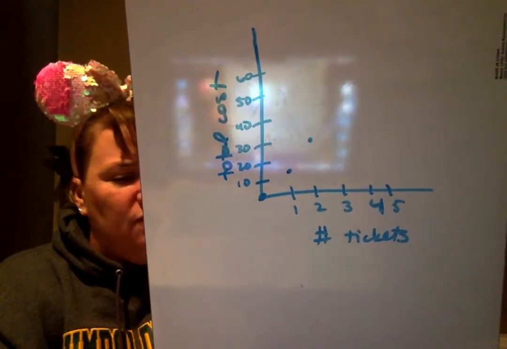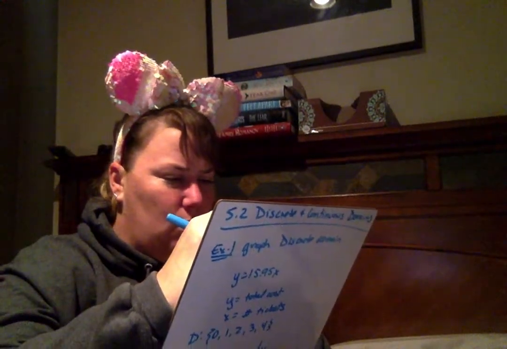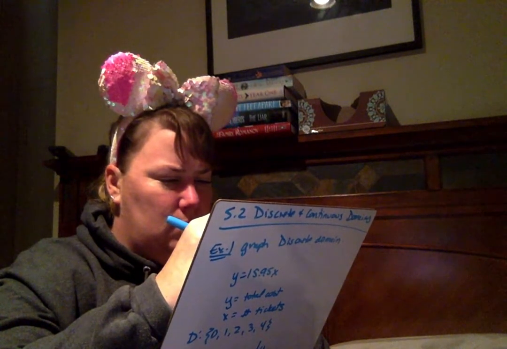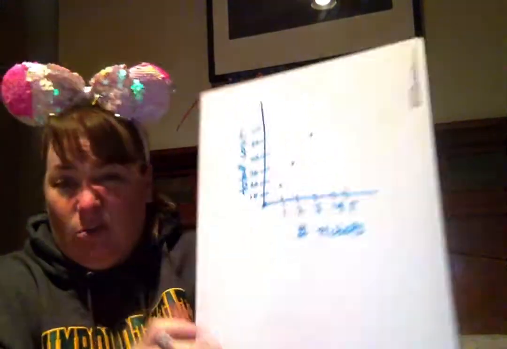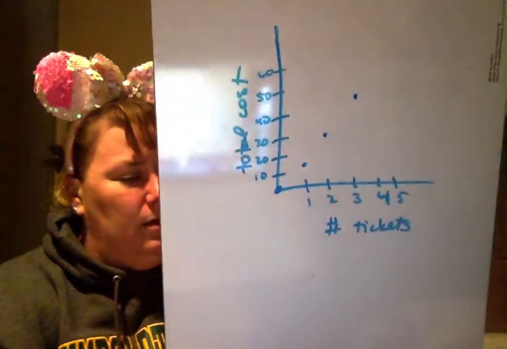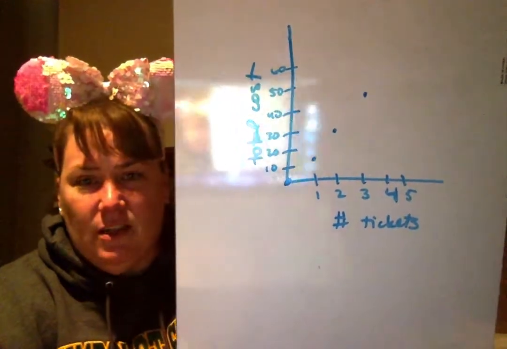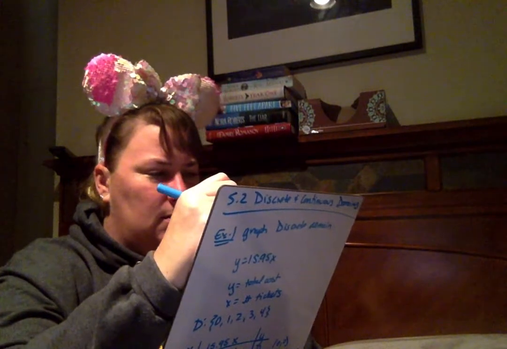And then 3 is $47.85. So it's a little bit more than halfway. It's closer to like 3/4 of the way. And then 4 is going to be $63.80. So 4 tickets, 63.